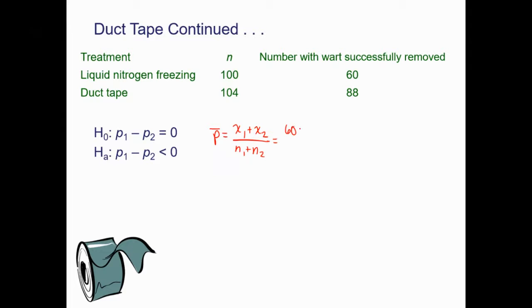So 60 plus 88 over 100 plus 104. That's going to be 148 over 204.